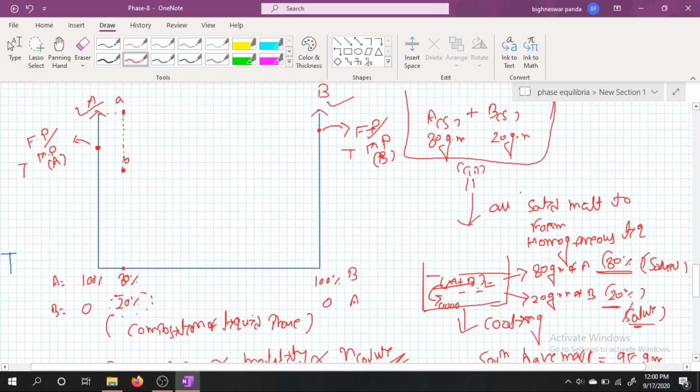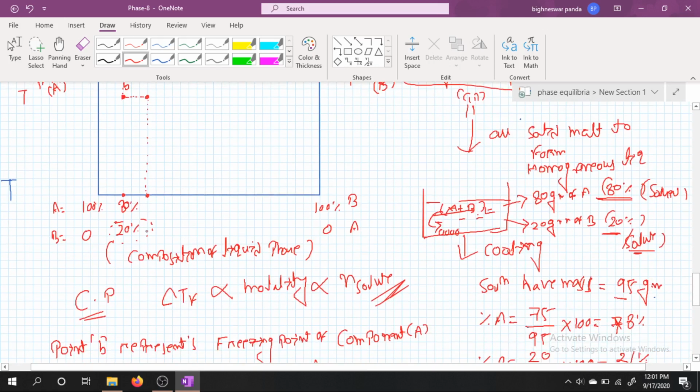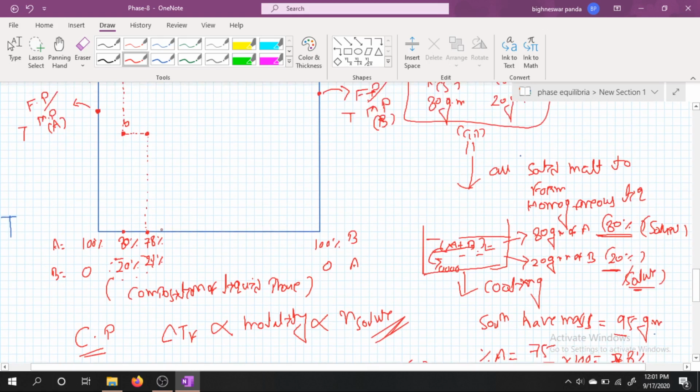That means the composition also changes. So here I am getting the composition, and this composition represents 78% of A and 21% of B.